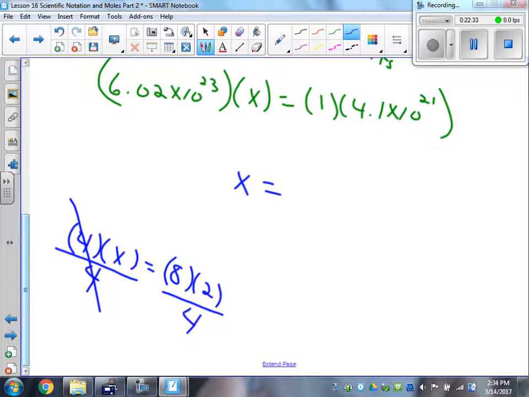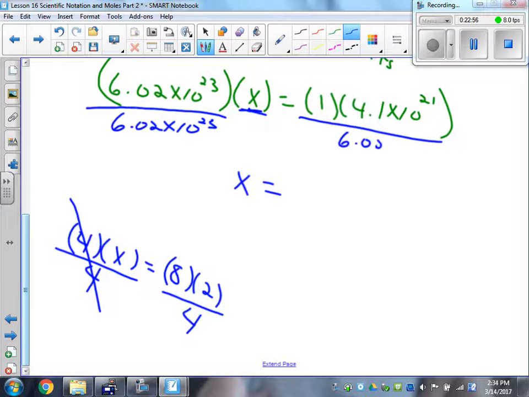So look, if that's the case, how am I going to get x by itself right here? I'm going to divide by 6.02 times 10 to the 23. Yes? Wouldn't I? Because if I divide, that's going to be 1, isn't it? So now I have 1x. And I'm going to also divide this by 6.02 times 10 to the 23.